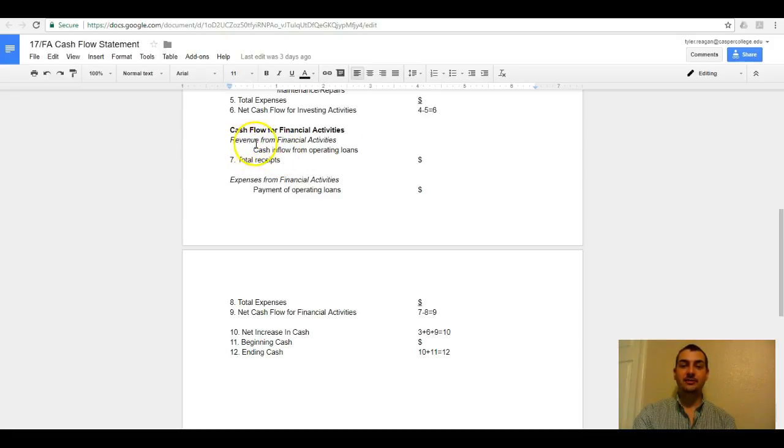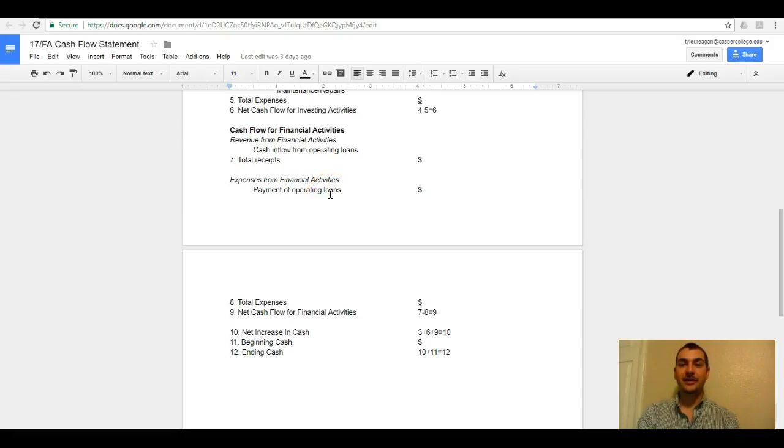So usually cash flow from operating loans is going to be your total receipts, or your revenue, from financial activities. Once you have this cash inflow from operating loans in the right place, then you add up all of your total receipts, which in this case might only be receipts from the operating loan, and then you need to look at the expenses from financial activities. And that's going to be the payment of those operating loans.